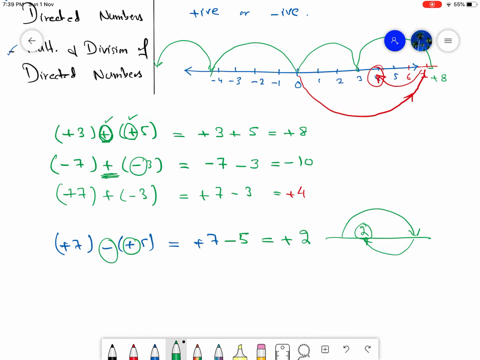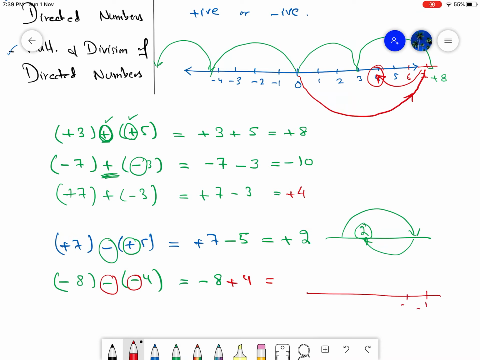Similarly, if you have another set of numbers, for example, minus 8 minus minus 4. So minus 8, and again this negative will change this sign, so you'll get minus 8 plus 4. So it is minus 8, so you'll get, say for example, negative 1, negative 2, negative 3, negative 4, negative 5, negative 6, negative 7, negative 8, and here we have 0.